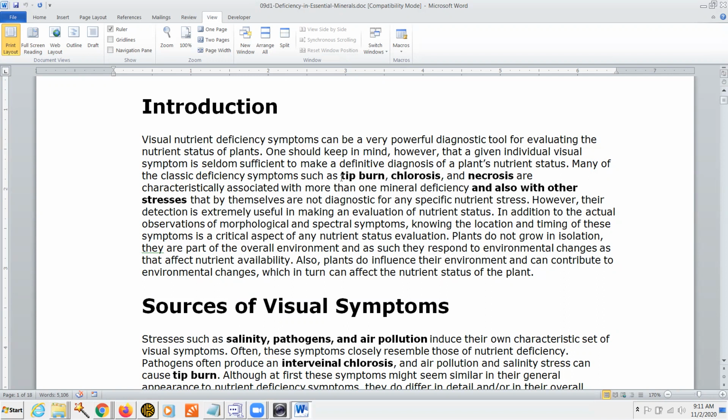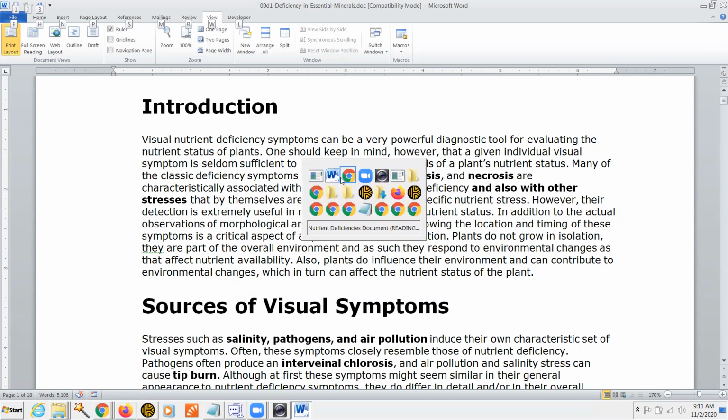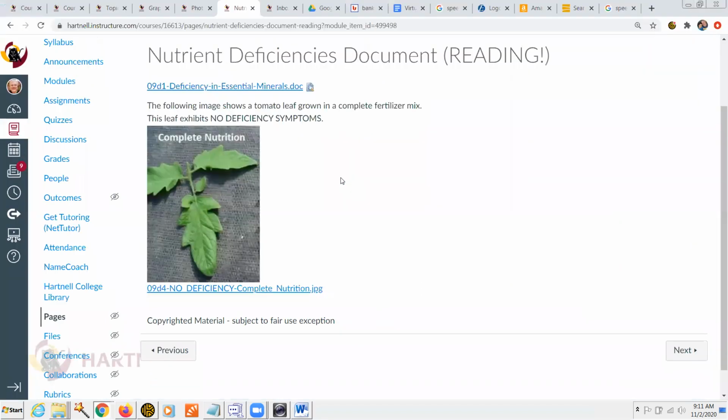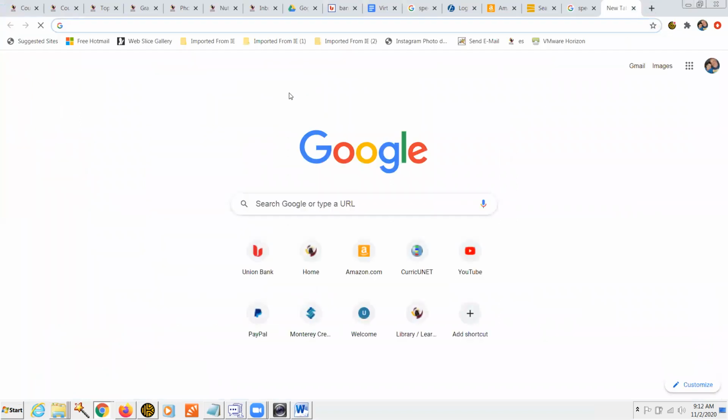Things like tip burn. Tip burn is something that I want you to be very careful about when you're thinking of what that means, because here in lettuce growing country, tip burn can mean different things.